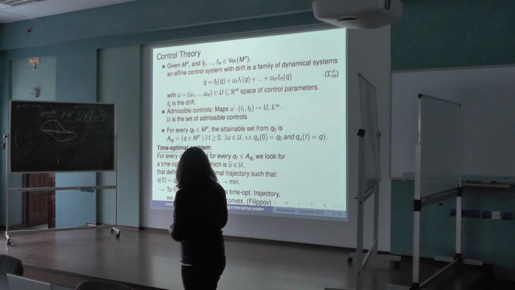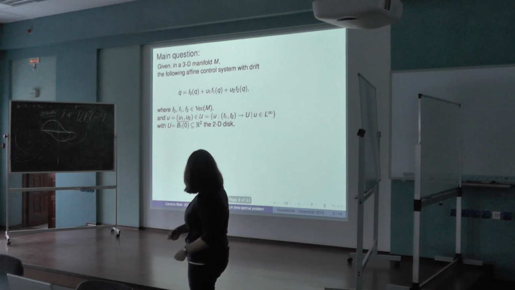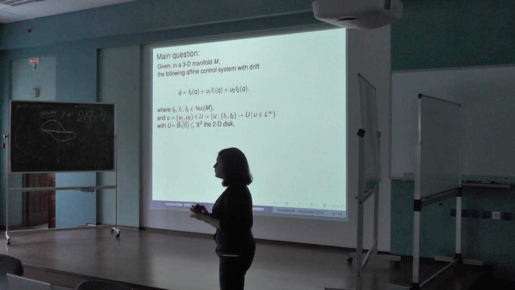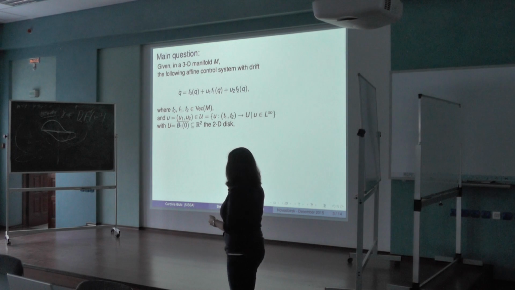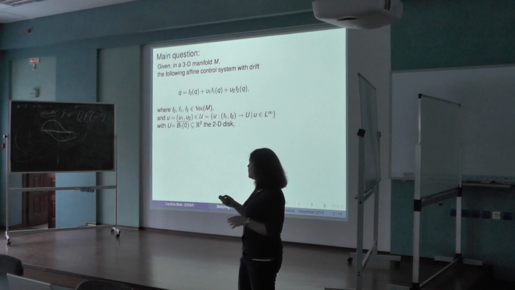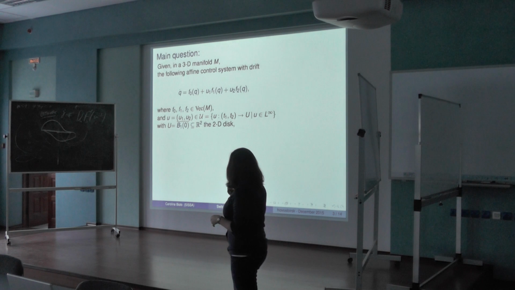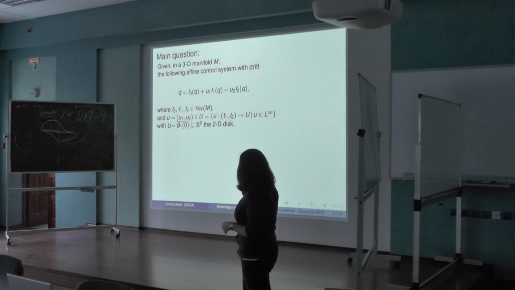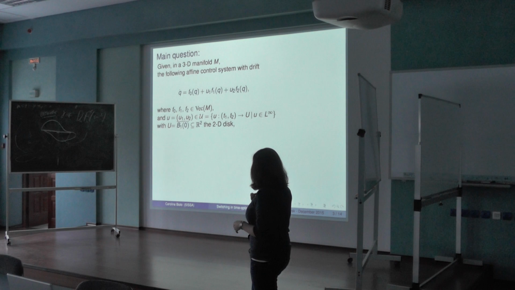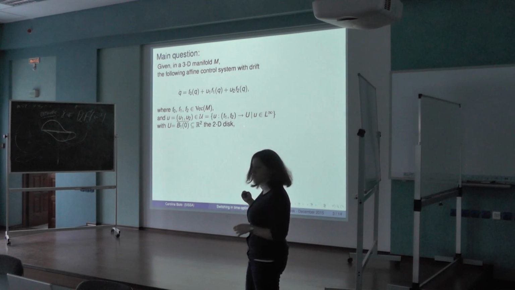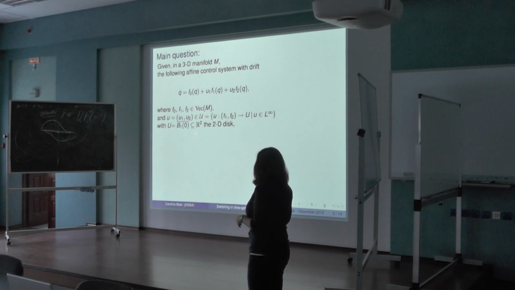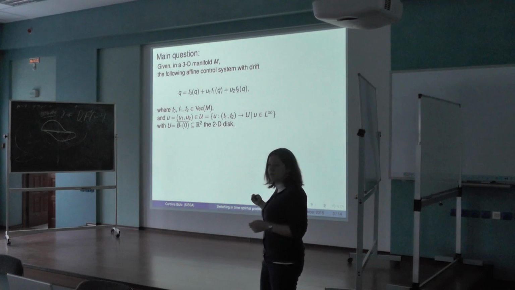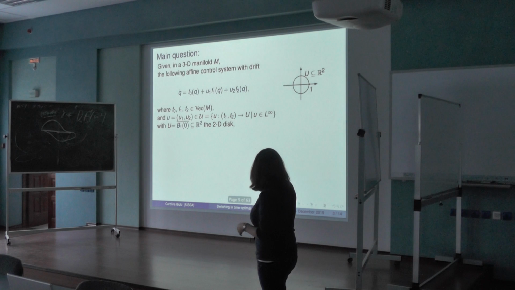Okay, so let's go to the main question of what I'm going to explain. We are going to consider the optimal problem in a three-dimensional manifold with a two-dimensional control. So we are considering our affine control system with drift, this one, with F0, F1, F2 smooth vector fields, and we are considering admissible controls which, in particular, take values in a two-dimensional disk, this one.